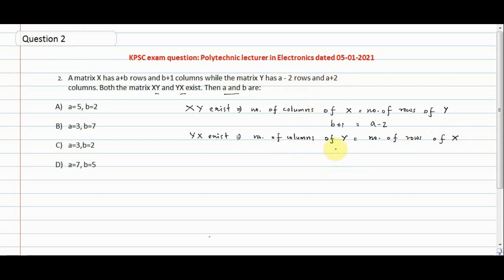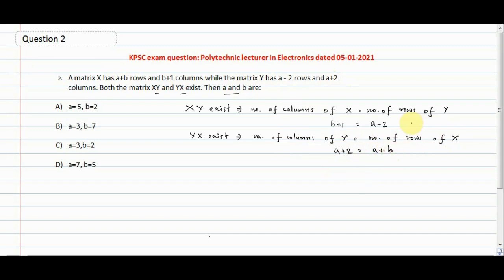So A plus 2 is equal to the number of rows of X. X is having A plus B rows. So A plus 2 is equal to A plus B.